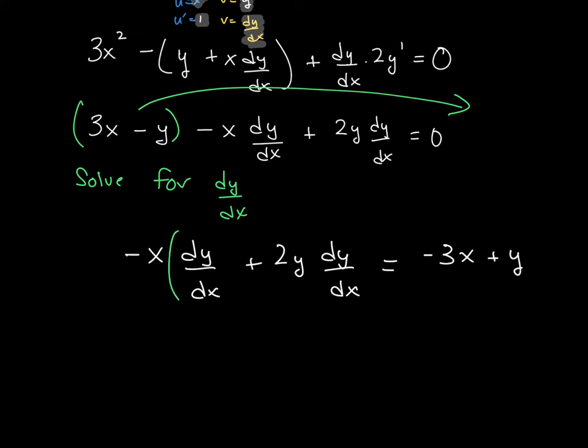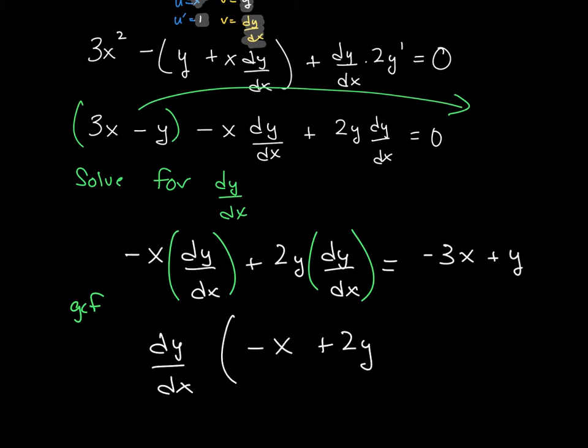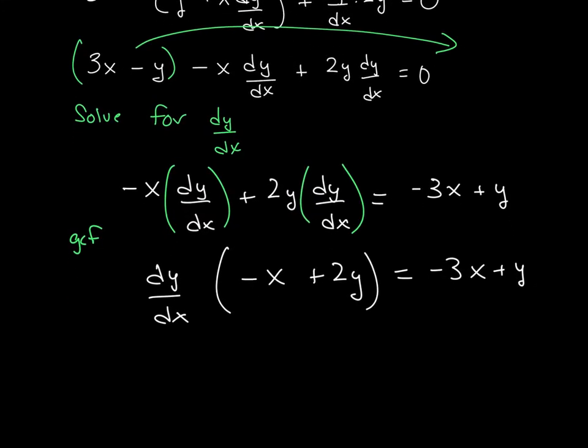Now, because I have two dy dx's here, think of them as the GCF and factor that out. So dy dx comes out, and I'm left with x plus 2y is equal to negative 3x squared minus y. And now to get dy dx by itself, I'm dividing both sides by x plus 2y.